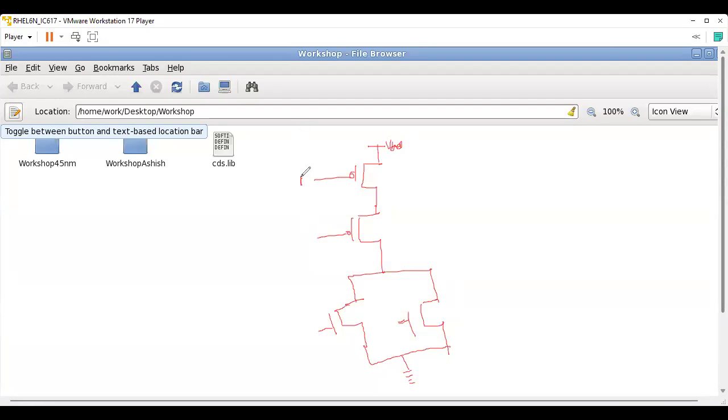Let me say that this is the input A, this is input B, this is input A, this is input B. Now I have A, B, and there you have the output.